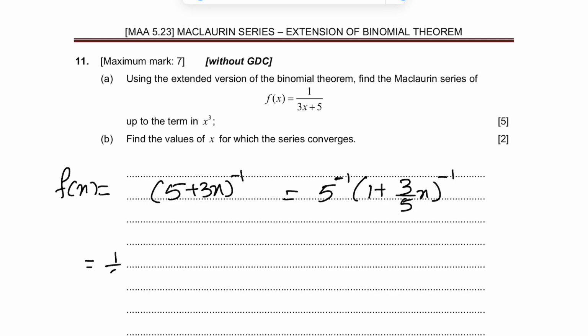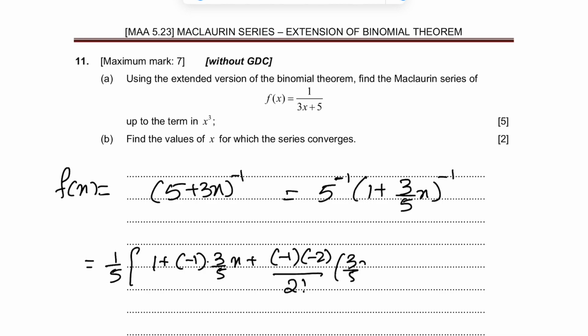So it becomes 1 upon 5 times 1 plus nx, plus n(n minus 1) upon 2 factorial x squared, then n(n minus 1)(n minus 2) upon 3 factorial x cubed.